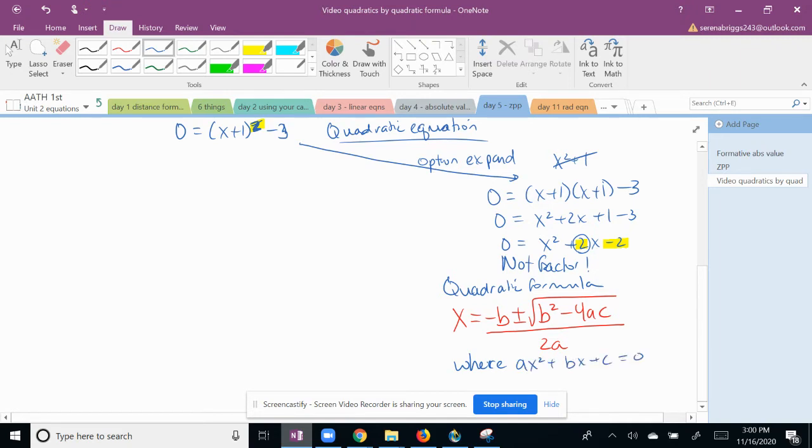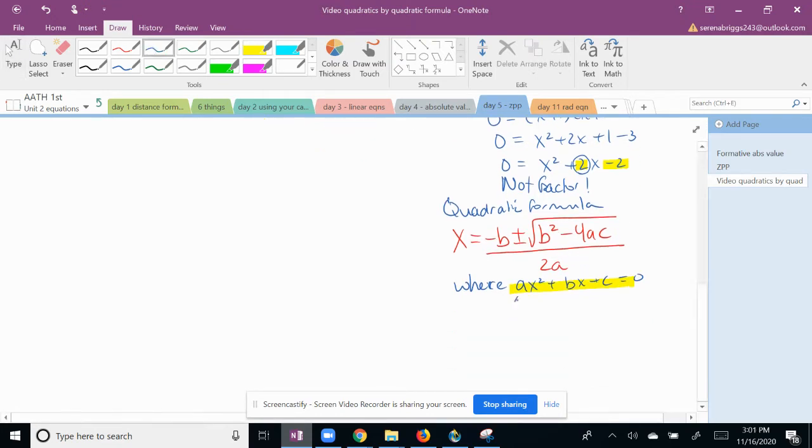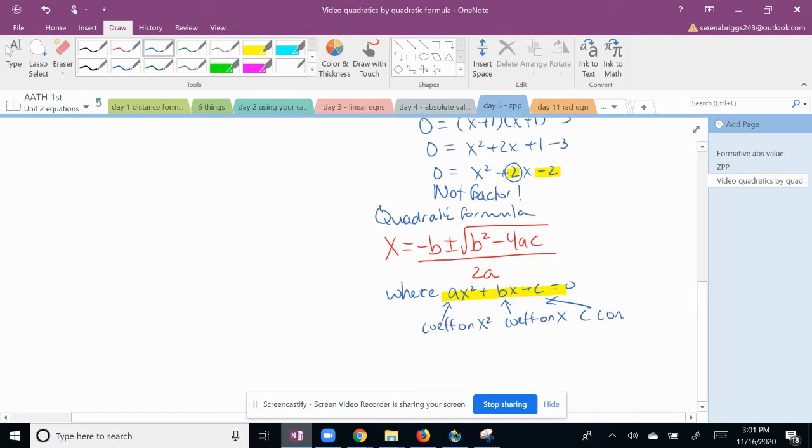This is not the formula, but it helps us know what a, b, and c are. A is the coefficient on the variable squared, B is the coefficient on the linear variable, and C is what we call the constant.